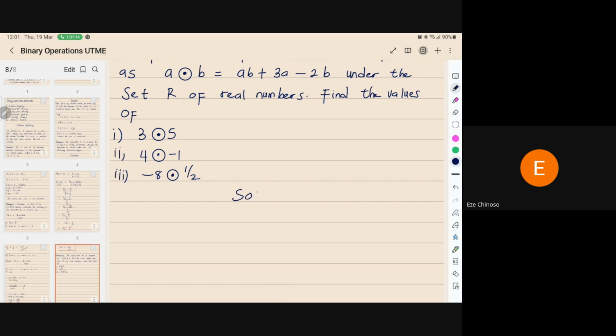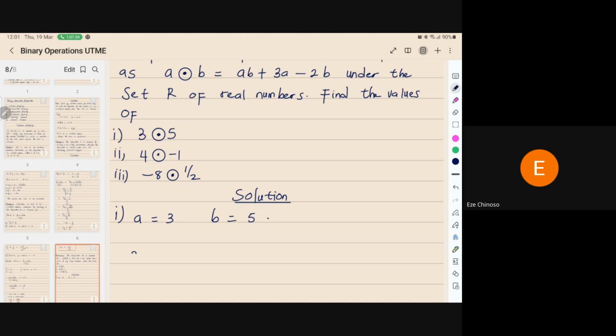So, solution. At this point, I'll assume that you know what to do. So let's go. For the I part of the question, very quick, we'll have that A is equal to 3 and B is equal to 5.